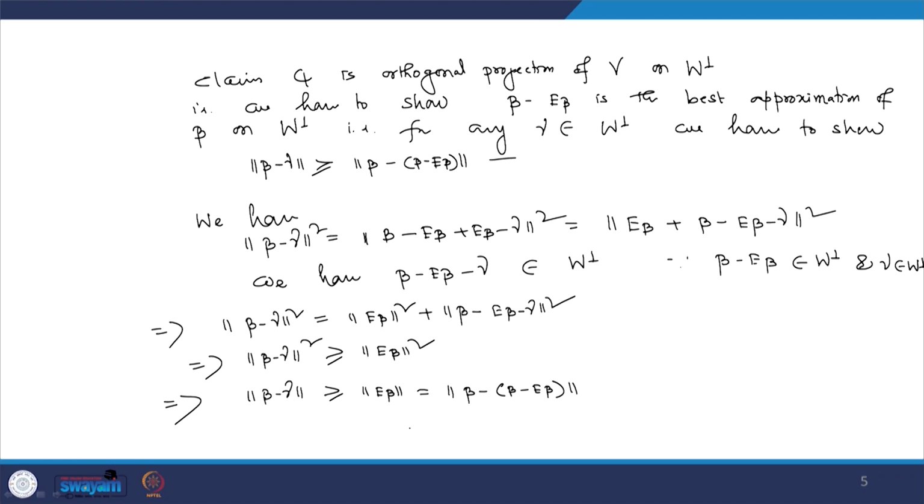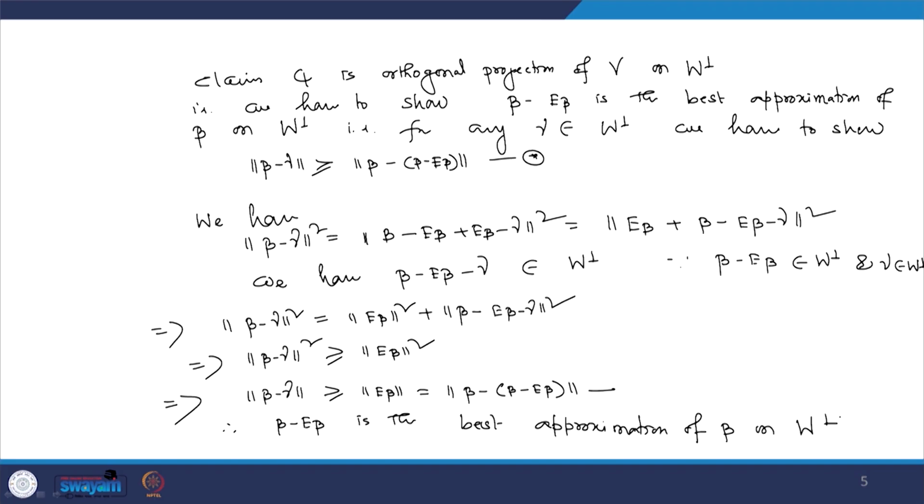So, this is our required result. Beta minus E beta is the best approximation of beta on W complement.